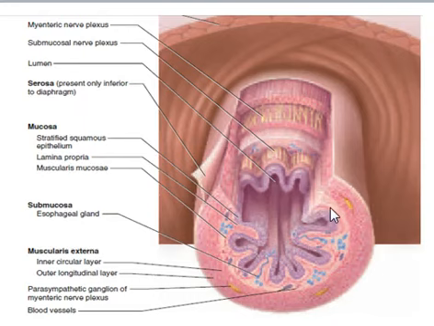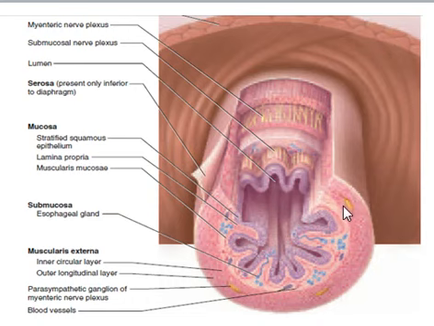The second layer is the submucosa. This is a thick layer of loose connective tissue containing blood vessels, lymphatic vessels, as well as nerve plexus. And over it here, we find the muscularis externa. This layer usually consists of two layers of smooth muscle.